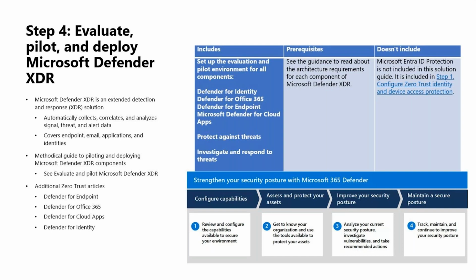Then assess and protect your assets. So you need to understand your organization and the tools you have and the data you have to protect your assets. Critical to understanding security is to have a comprehensive overview of what your assets are.